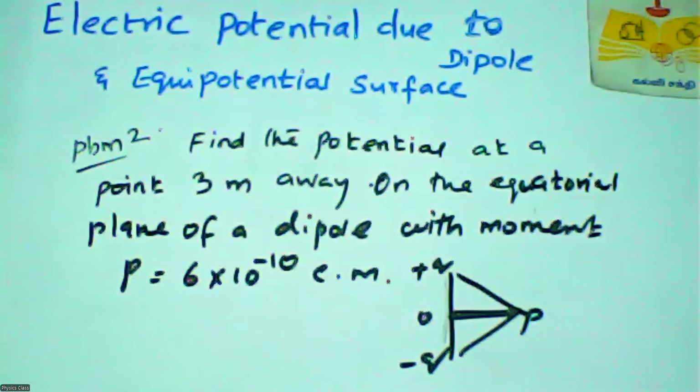So the potential is 0. The potential due to an electric dipole at a point on the equatorial plane is always 0 due to the symmetry of the dipole.